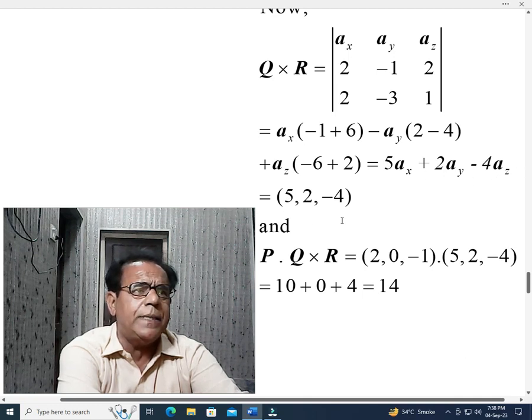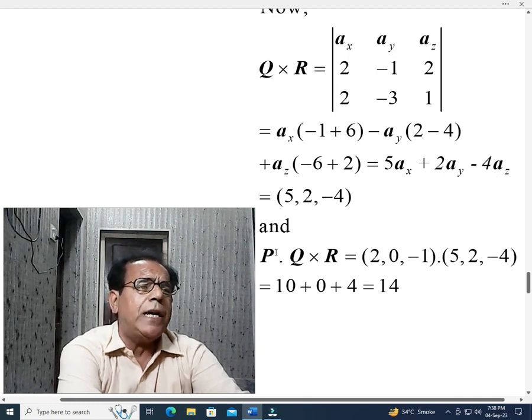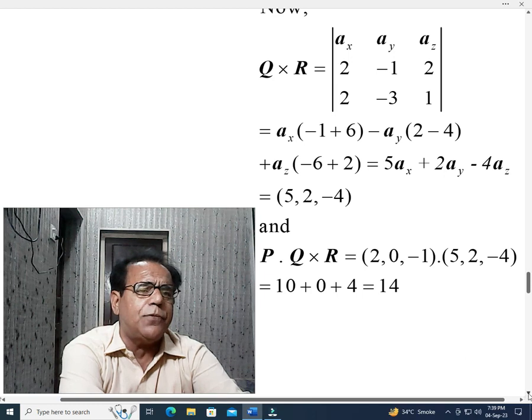This can be written in this form. And now we find P dot Q cross R, this dot this, and hence this again becomes 14.